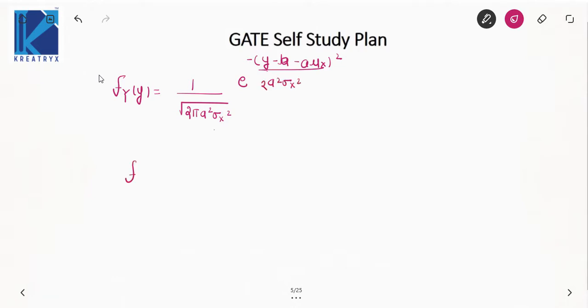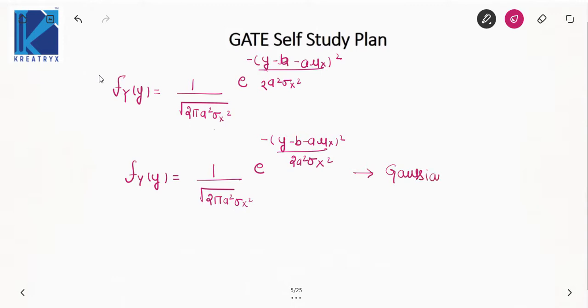It can also be written as 1 upon under root 2 pi a square sigma x square e power minus y minus b minus a mu x whole square divided by 2a square sigma x square. Now this also seems to be a Gaussian PDF. Since the nature is Gaussian, we can write it as 1 upon under root 2 pi sigma y square e power minus y minus mu y whole square divided by 2 sigma y square.